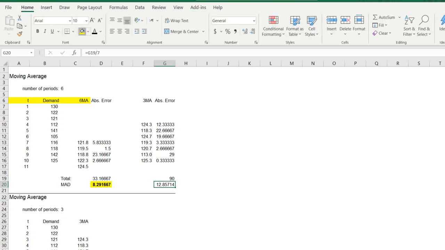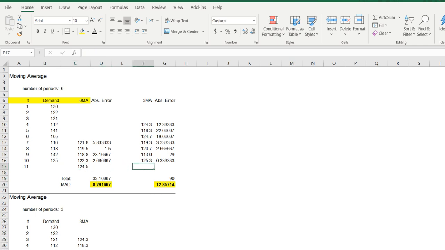I'm going to go home and highlight this one. Okay. So there you go. Just want to show you the difference in the forecast errors. You see that? So let's say for the 11th period, the forecast was 124.5. Oh, and this one I erased it.